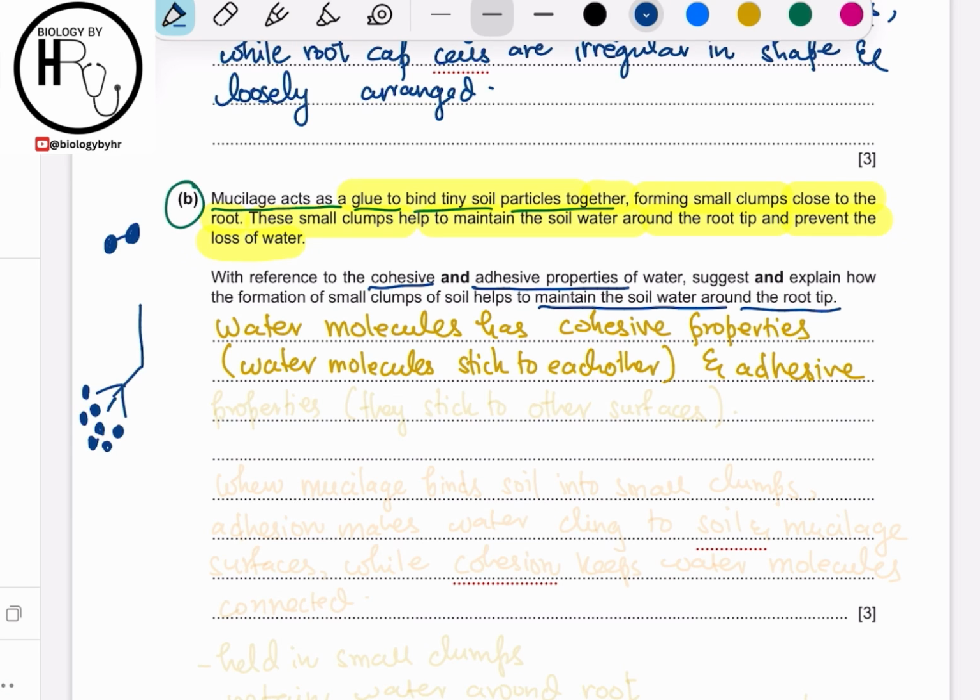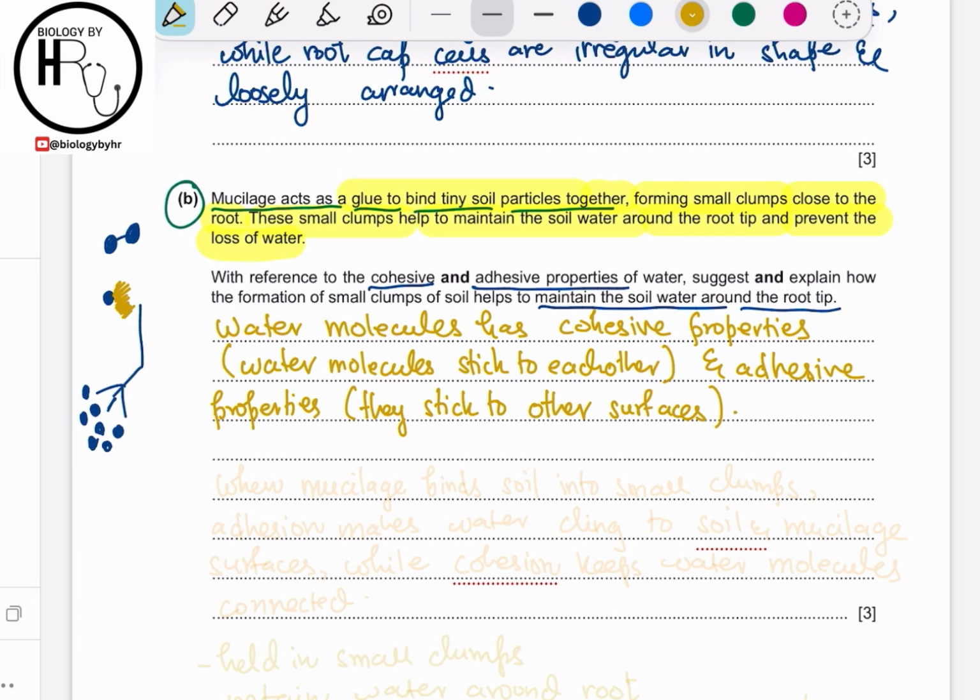And when the water molecules stick to other molecules or other surfaces, those are the adhesive forces. For example, the water molecules stick with the soil particles. So this is the adhesive property, right? So this is what the cohesive and the adhesive properties of the water are.